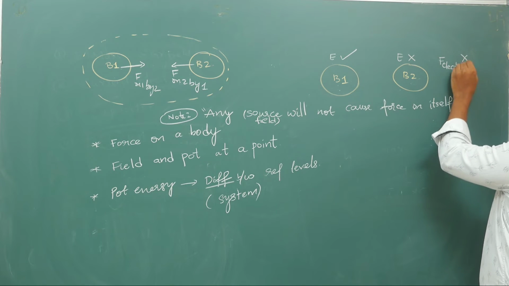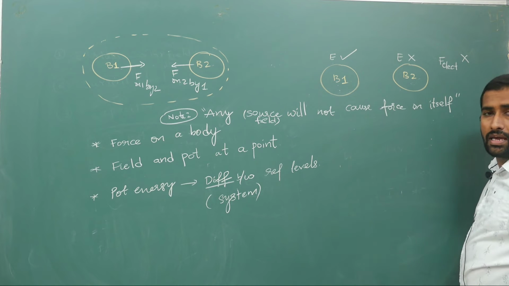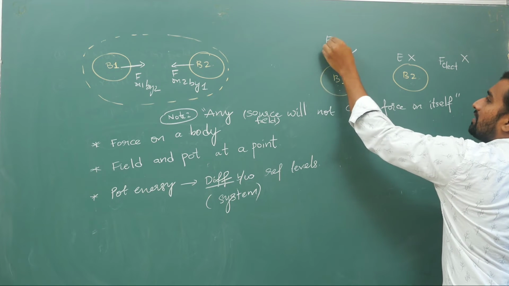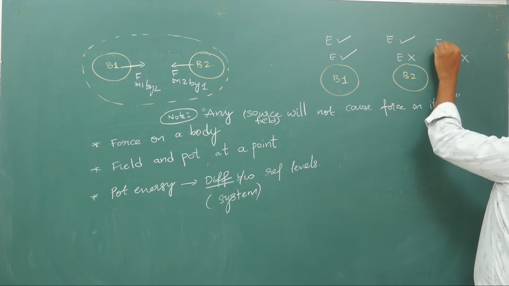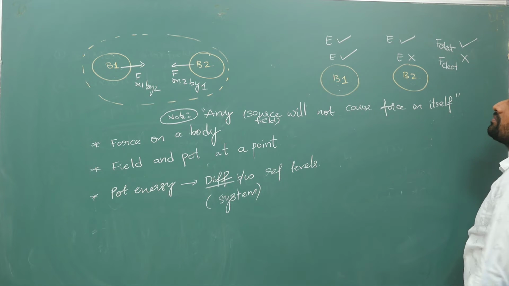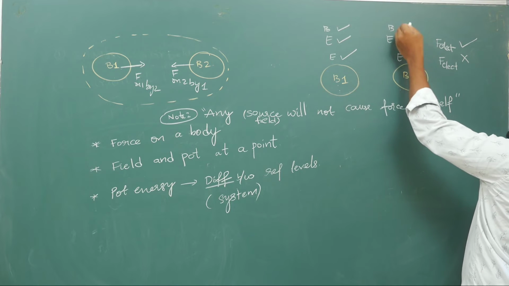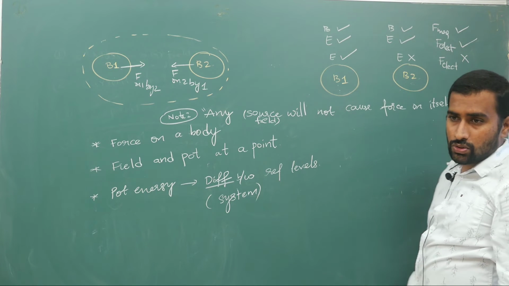For force to exist between two bodies, both bodies must have the capability to produce a similar kind of field. If this produces an electric field and this also produces an electric field, then there will be electric force between these two bodies. Similarly, if this produces a magnetic field and this also produces a magnetic field, then only there will be magnetic force between these two bodies.